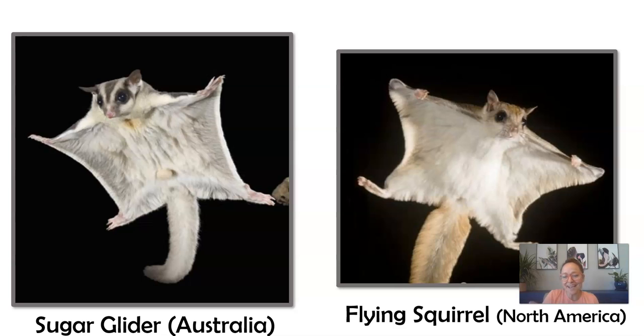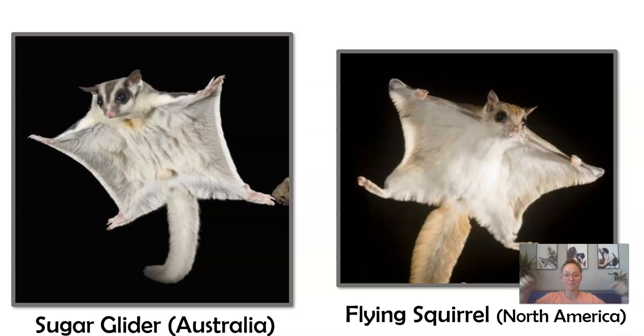So when you look at these two species, it'd be very easy to mistake them as having a really recent common ancestor that had flaps of skin, large eyes, bushy tails. But in reality, natural selection has occurred in these different environments on totally different continents.